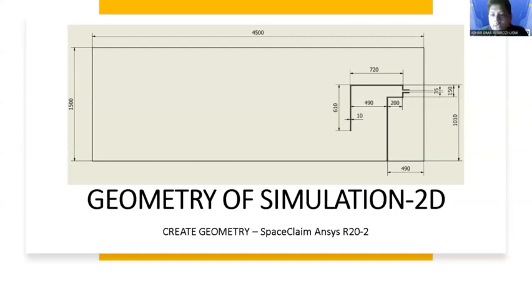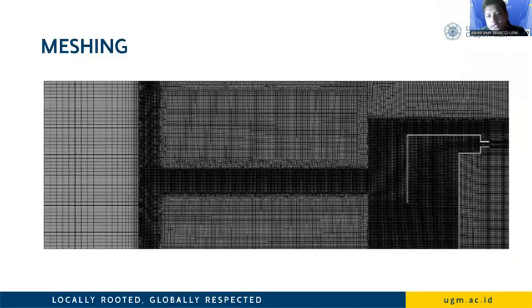The first step of the simulation is the creation of the geometry of the domain. We use the ANSYS SpaceClaim software. The next step in CFD is meshing setup, followed by the meshing that has been used in this CFD, like in this slide. The skewness and orthogonality are assessed accordingly, then we set up the simulation model.